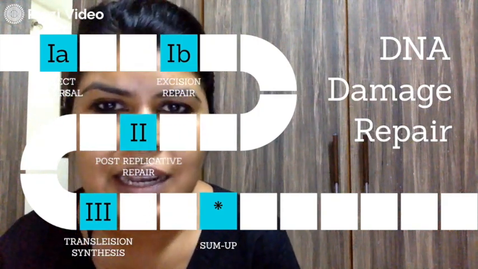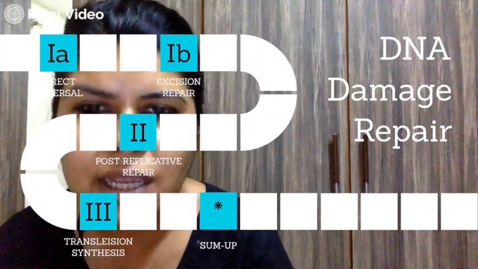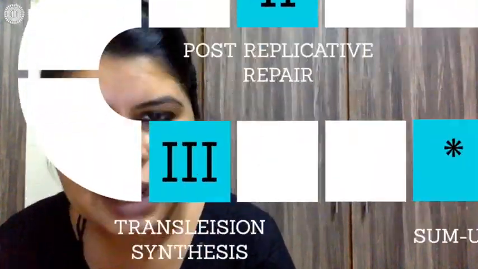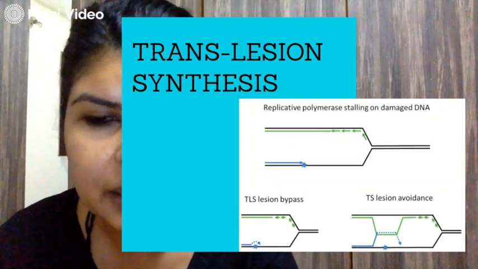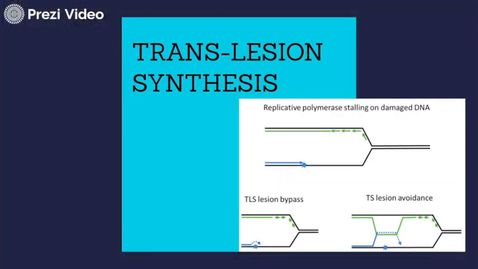Translesion synthesis actually occurs side by side with the process of DNA replication. Now, while it is occurring side by side with the process of DNA replication, we might call it pre-replicative. However, this translesion synthesis does not include any kind of direct reversal, or in fact it does not involve any kind of excision repair.